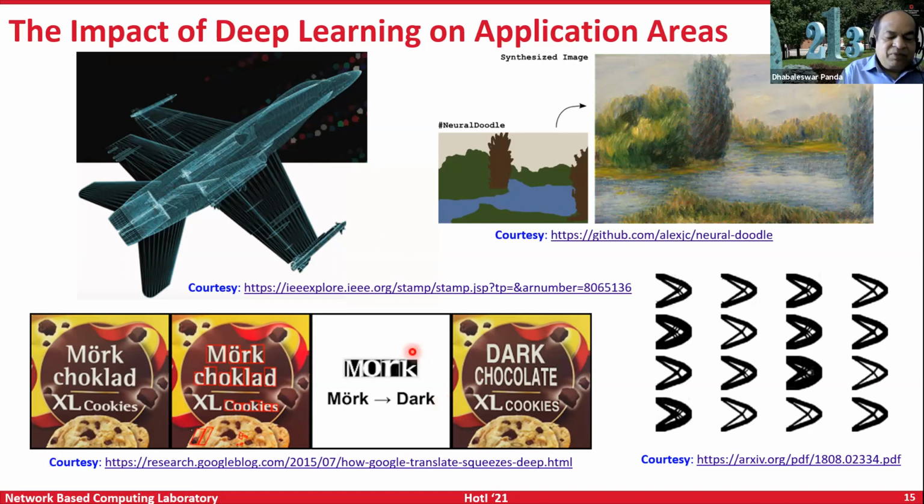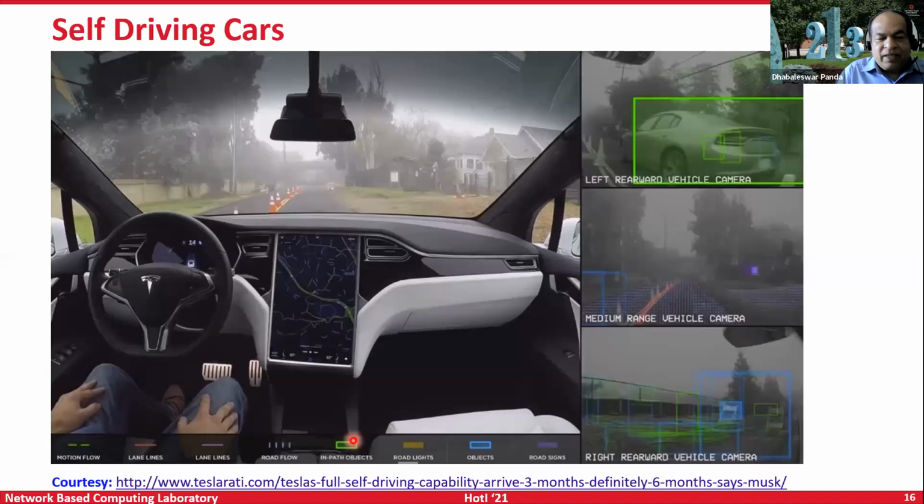Then another simple example is language translation. You land in a different country. Let's say I'm trying to buy something for my daughter, trying to identify the cookies and the contents. You can use Google Translator to very quickly find out what content is there. And the biggest challenge is, of course, self-driving cars.